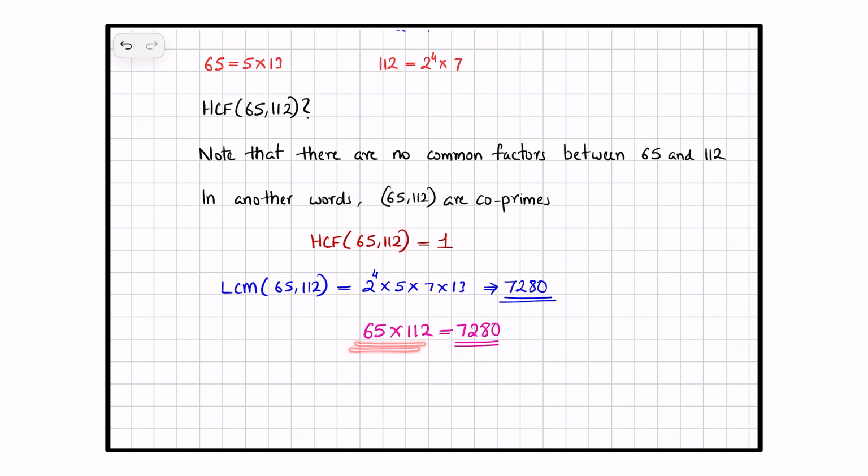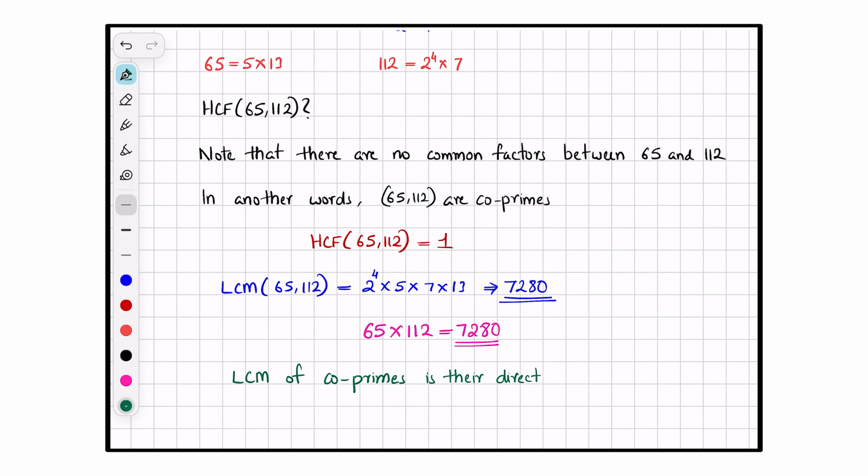There is no need to write one more step of individual factors and the highest powers. We need not spend time on it. We can directly multiply the two numbers and get the answer. This is only in the case when the two numbers are coprime. Thus, the LCM of coprimes is their direct multiplication.